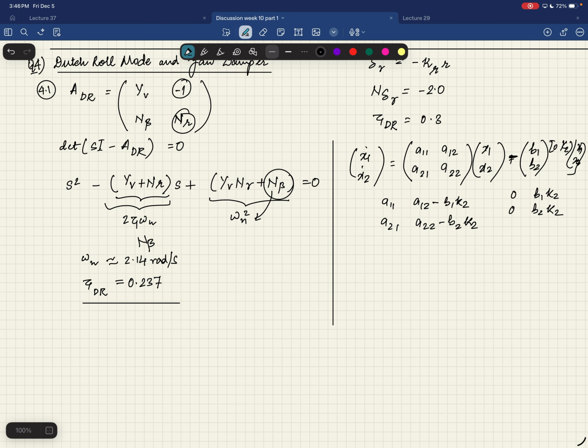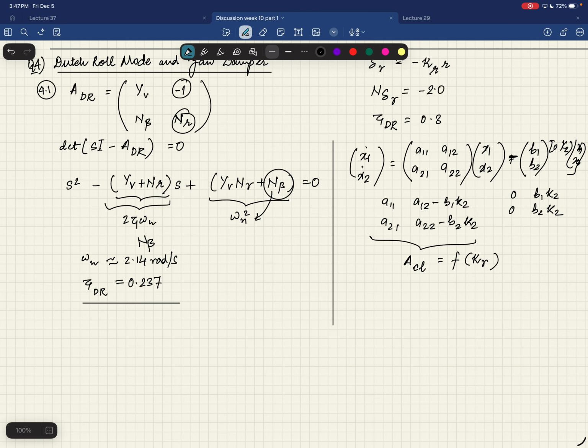so how am I going to find out the open loop gain? So obviously, now it's straightforward, you go ahead and do this, so this is your new A closed loop, and it will be a function of kr. You will have 4 entries, 2 entries will involve kr, and then you go ahead and construct its characteristic polynomial.